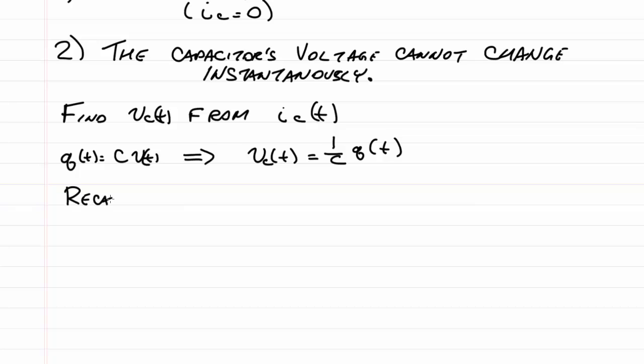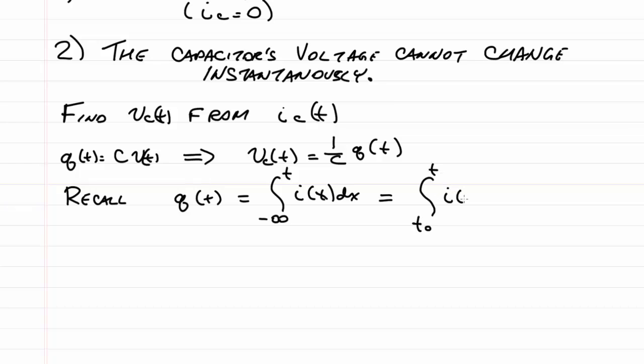And recall that charge as a function of time is the integral of the current from minus infinity to the desired time. We can re-express that as an integral from some starting point, t0, to the desired time of the current plus the initial charge on the capacitor.